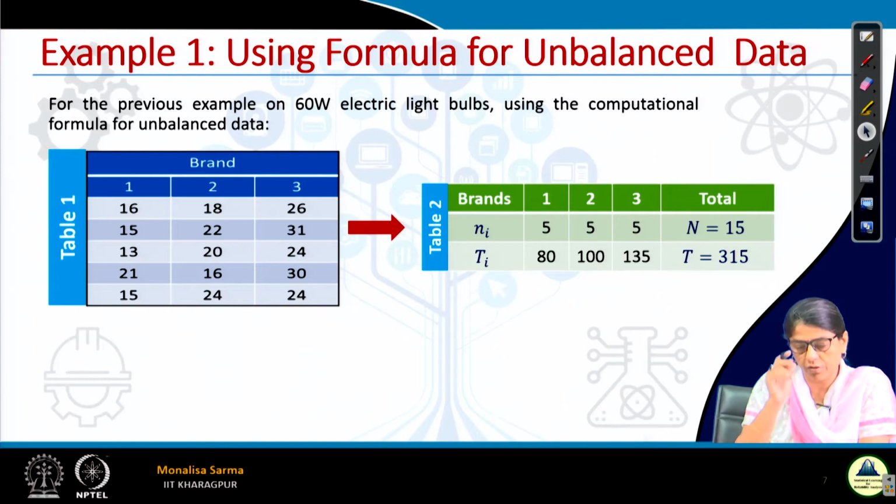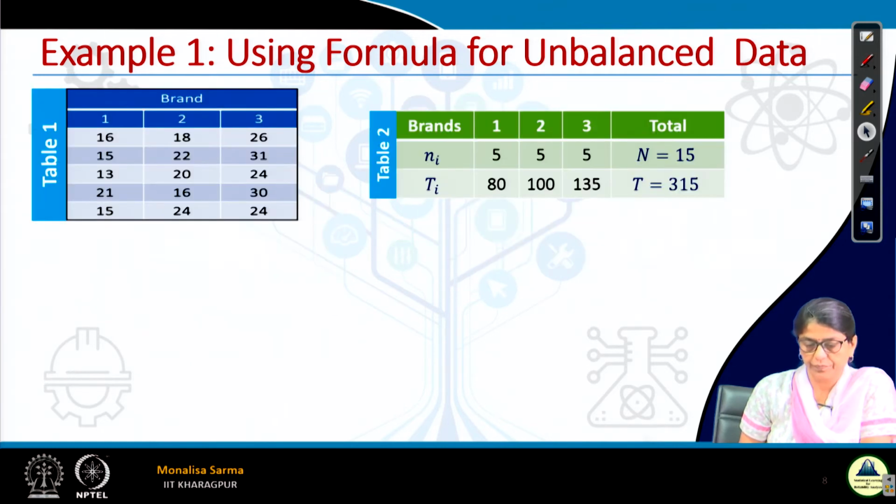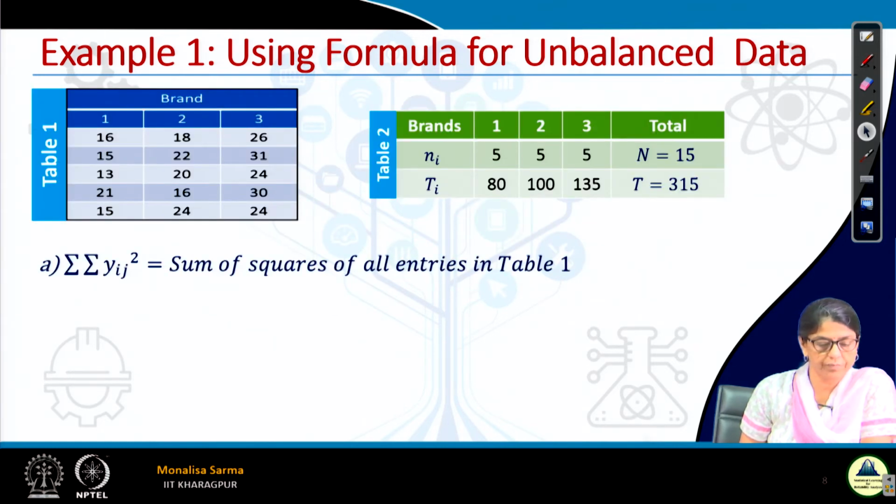So here we found that ni is the same for all 3, and we found the value of Ti. Ti is nothing but the summation of all these values, remember. Now what is the summation of Yij squares? This is the sum of squares of all the observations, Yij whole square.